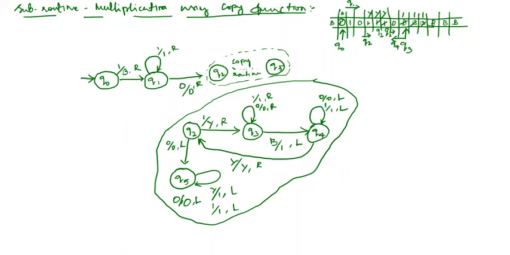Okay, so when I am in q5 and it reads a blank, the meaning is that all the terms have been copied. It comes here, it goes to this step, copies here, and now this is made into blank, and it comes here.